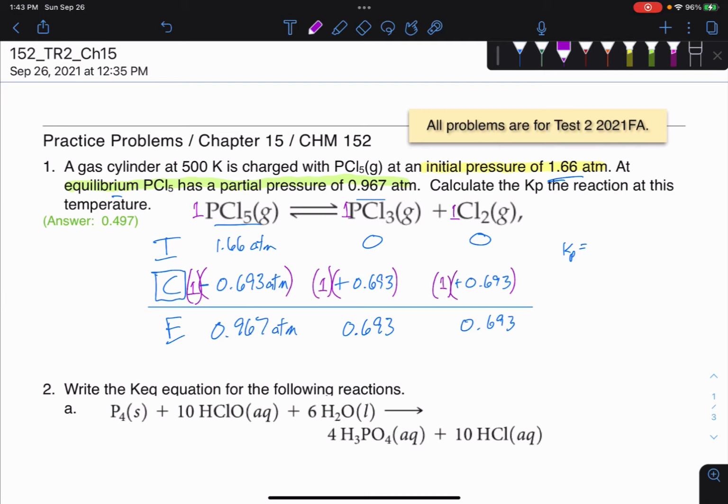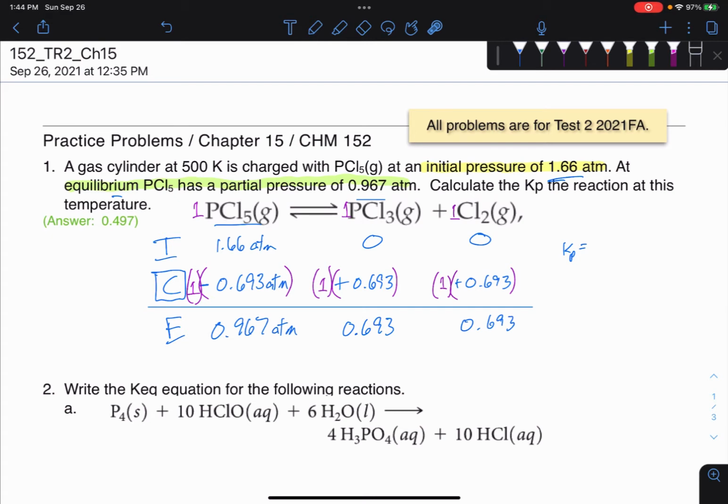Again, since it's 1-to-1-to-1 here, that 0.693 value is the same quantity all the way across. It's just a sign that changes. But if there was a 2 here, then there would be a 2 there, and that would affect the partial pressure of that particular product in the expression.